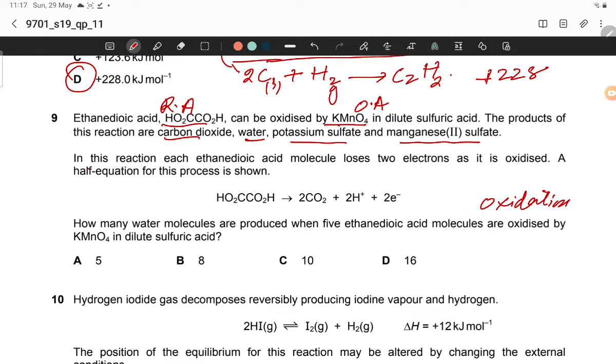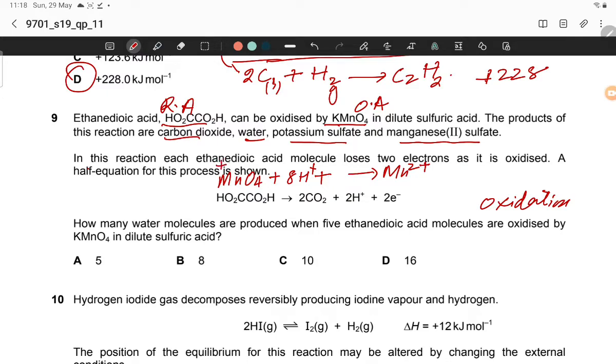So KMnO4 is reduced: MnO4 minus plus 8H positive plus 5 electrons, Mn is reduced to form Mn2 plus.